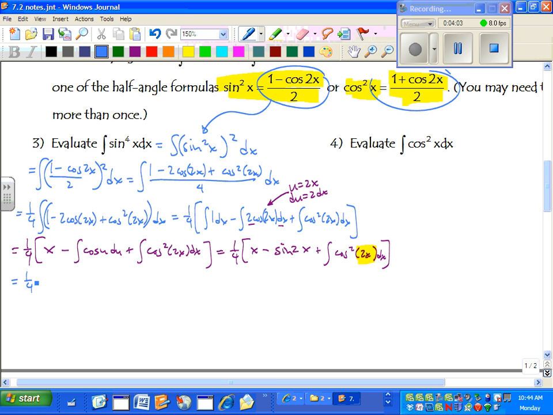We're going to have 1/4 times x minus sine of 2x plus, in place of this, we need to do 1 plus cosine of 2x over 2. But really, it's not 2 times x, it's going to have to be 2 times 2x. So we're putting 2x in the place of this x right here. So we would have 1 plus cosine of 4x all over 2.